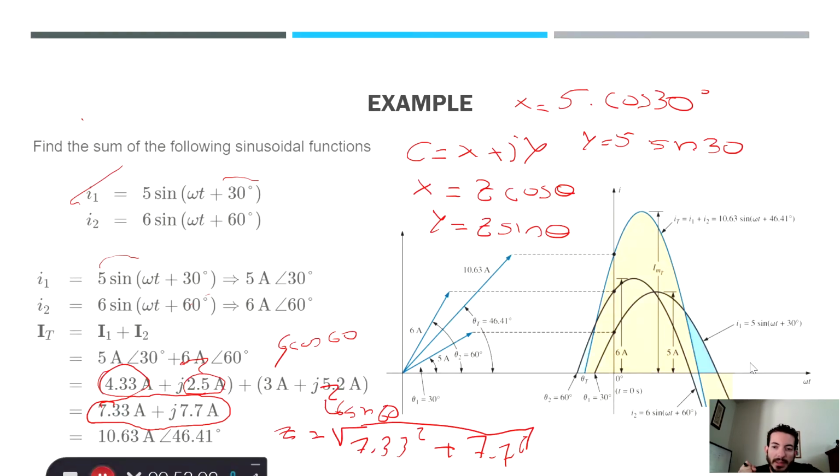So remember, for multiplying quantities, use polar coordinate systems. For dividing quantities, use polar coordinate systems. For adding and subtracting, use the rectangular form. And you know how to go back and forth using the square root of x and y and the cosine and sine of the magnitudes.